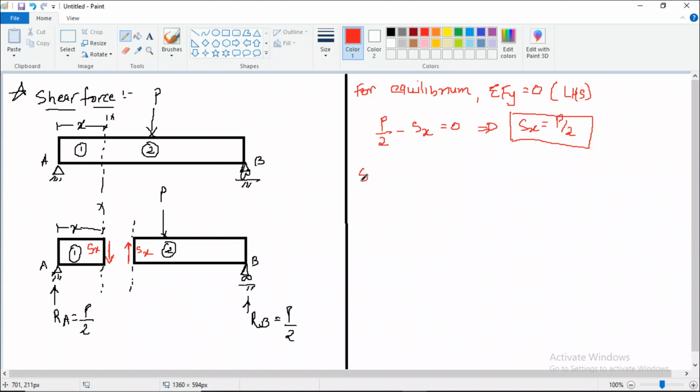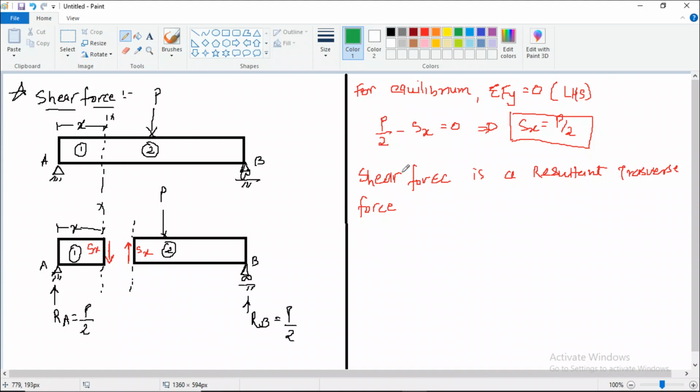So ultimately shear force is a resultant transverse force either from left hand side or from right hand side, right? So this is regarding the basic terminology, basic fundamental of the shear force.